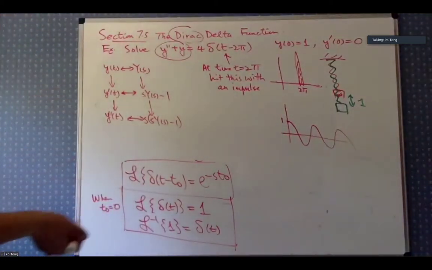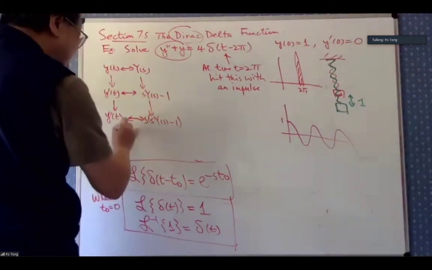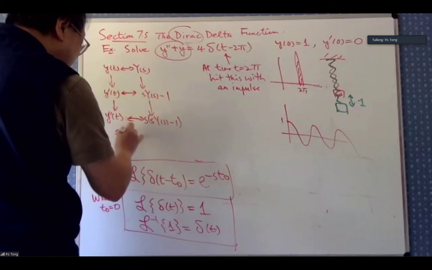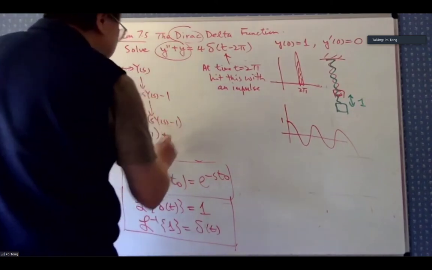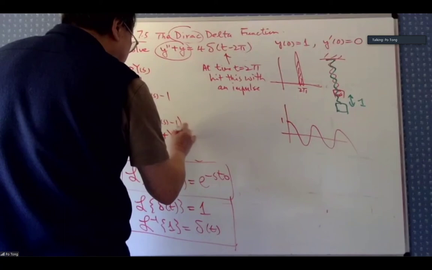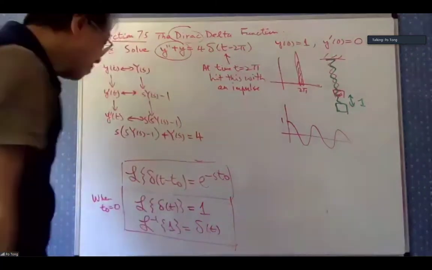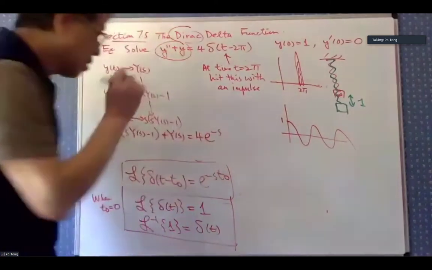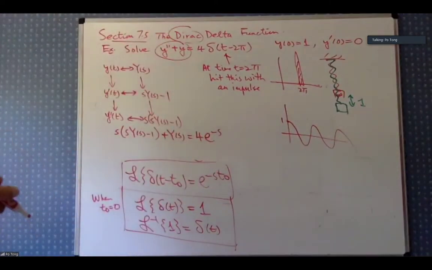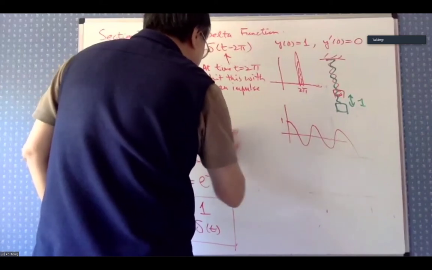Okay. So now I have this whole thing. s squared Y(s) minus s plus Y(s) is equal to the Laplace transform of this, which is 4 times e to the power of minus s times t0. Where's t0? 2 pi. So minus 2 pi s.